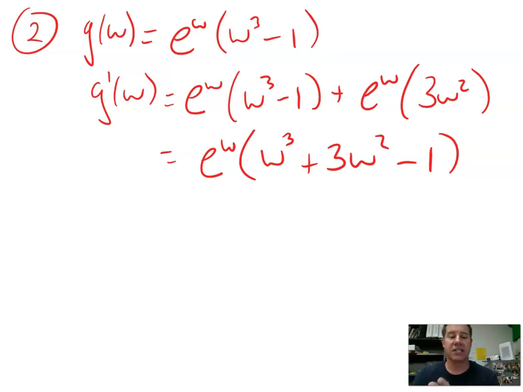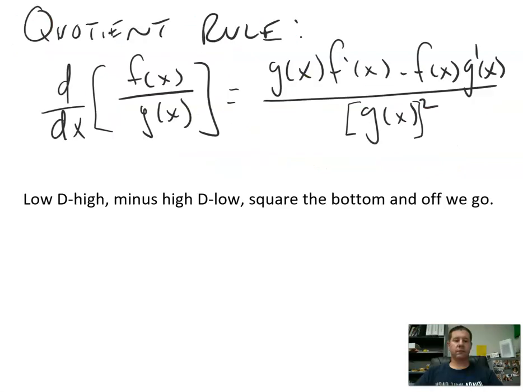All right, now let's talk quotient rule. Okay, and here is the quotient rule. It looks a little something like above here, where we're taking the derivative of a function divided by another function. We're dividing, so quotient. And here it is written out: g of x times f prime of x minus f of x times g prime of x, all over g of x squared.